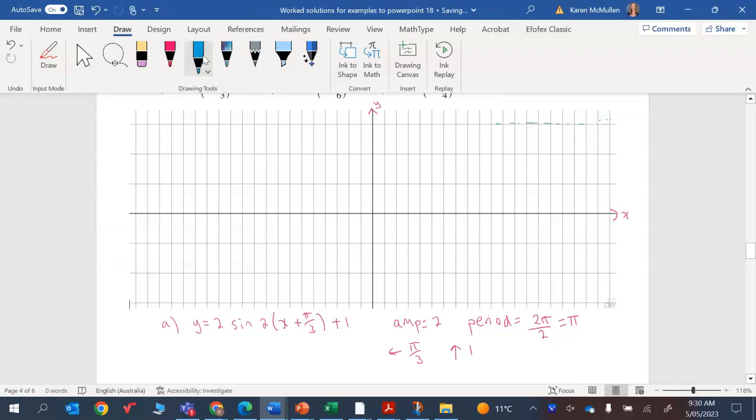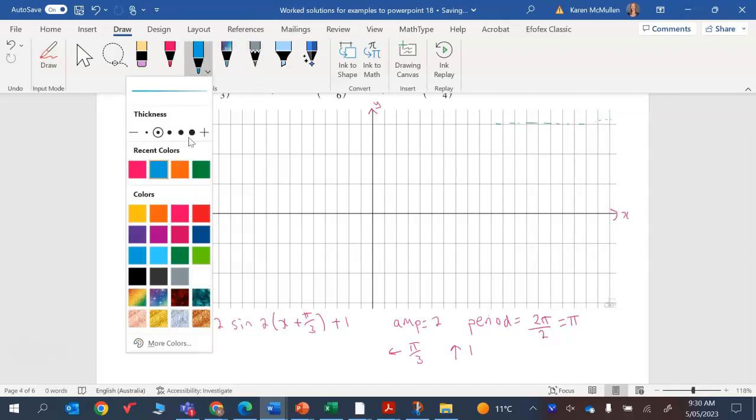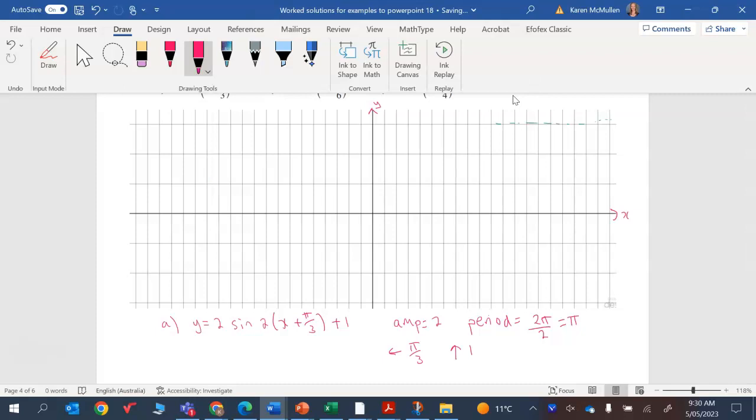All right, so on your y-axis, let's do that in pink so it stands out a little bit more. So our amplitude is 2. Typically if it was an amplitude of 2, it would go from -2 to 2. But this has been shifted up 1, so your graph is going to go from -1 to 3.